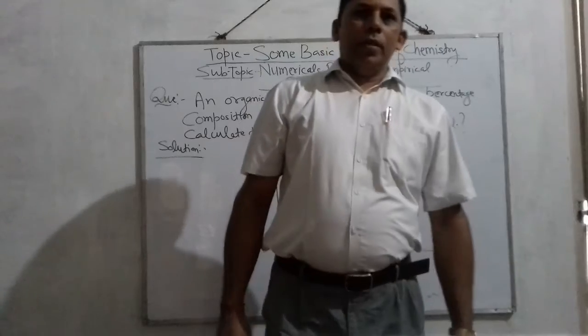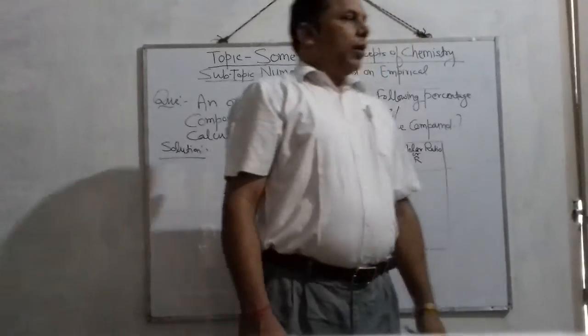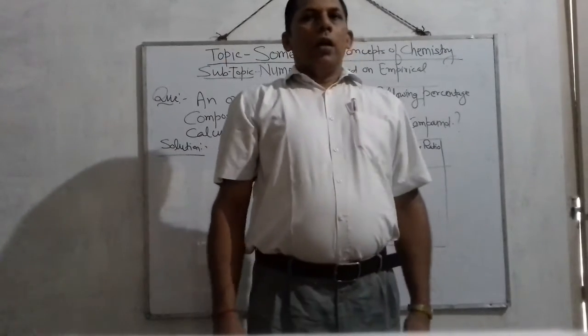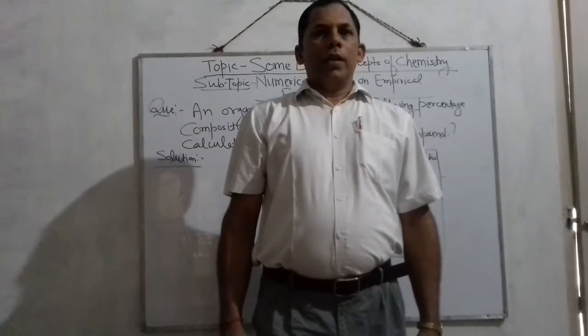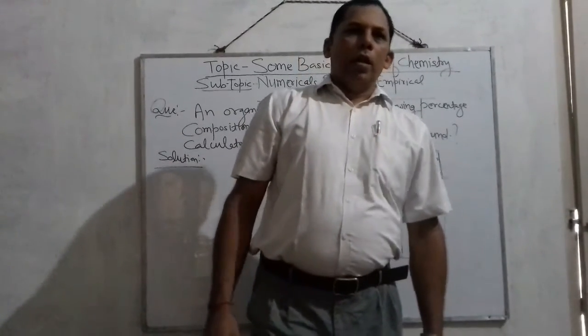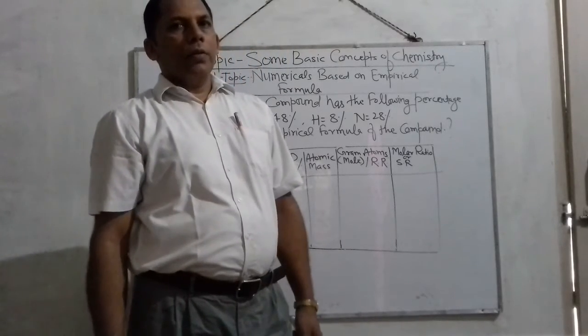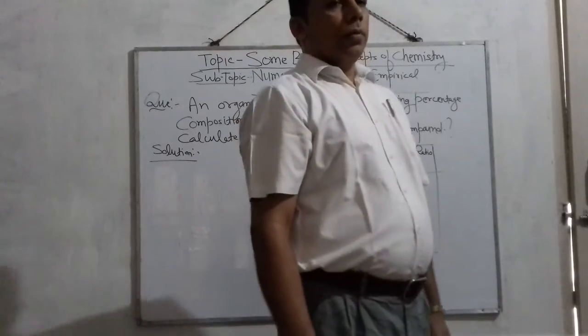As you have seen in my previous lecture, you studied how the empirical formula of a compound is calculated and what steps are involved in the determination of the empirical formula of the compound.